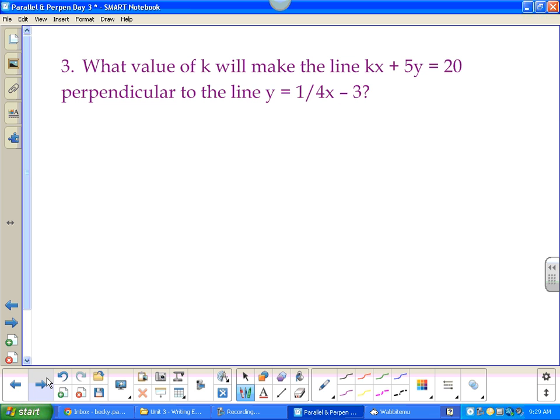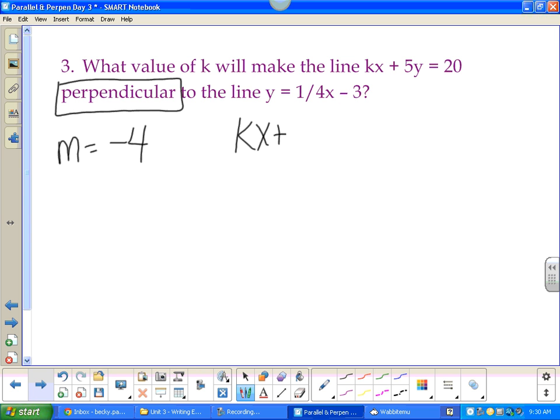Let's try another one. What value of k would make the line perpendicular to that? So if I want to be perpendicular to him, what does my slope need to be? It needs to be a negative 4.